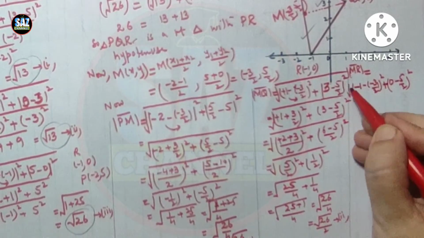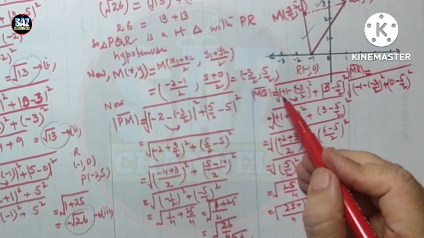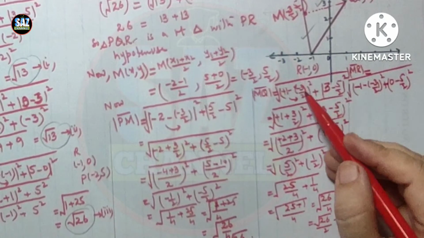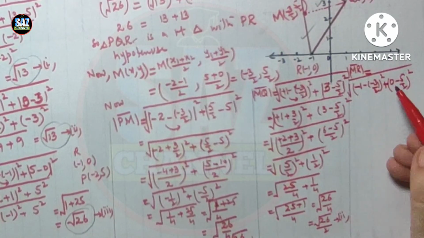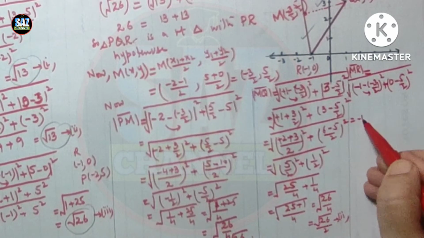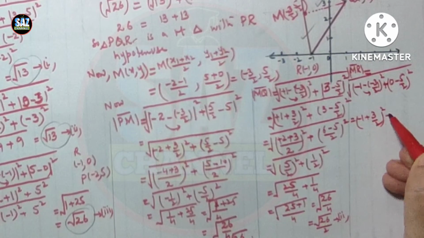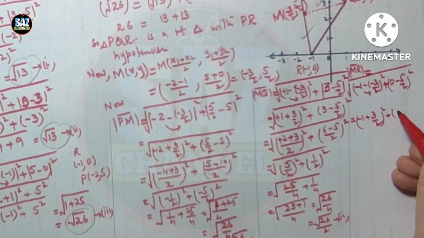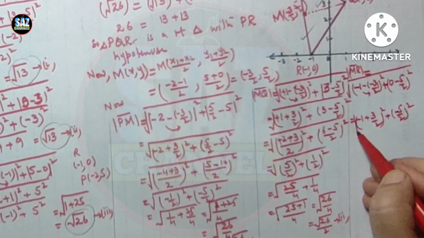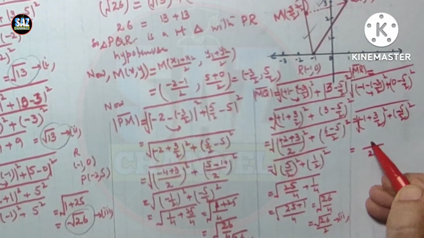This one, let me see. I have put the bracket. This is the big bracket that I have to put, that tells us that we are taking the square of all the numbers. And then this will become positive: minus 1 plus 3 by 2 whole square, and 0 minus 5 by 2 is minus 5 by 2 square. I have to take the LCM. 2 is the LCM.